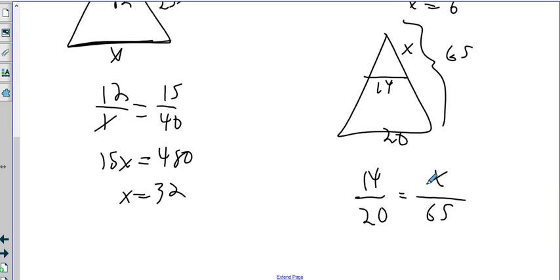And now we just cross multiply and solve. So 20x equals 14 times 65, which is 910. Now we divide by 20. X is 45.5. And now that's it.